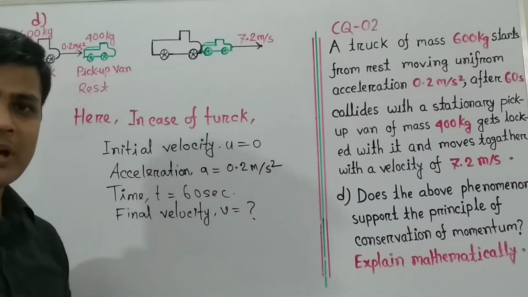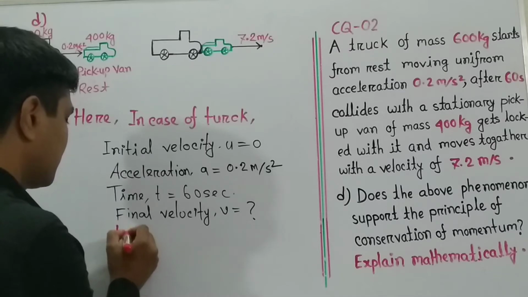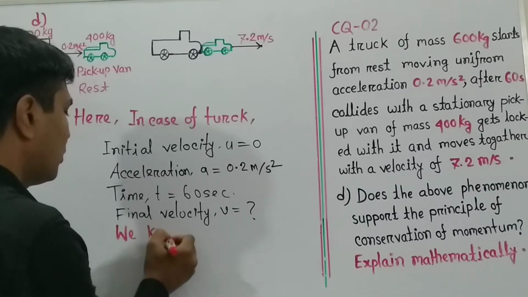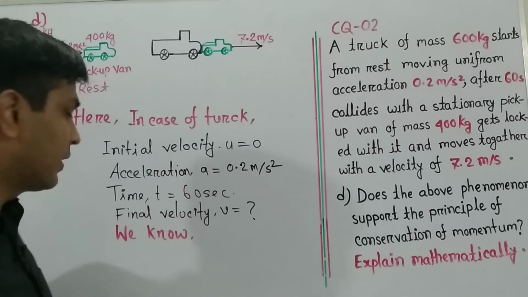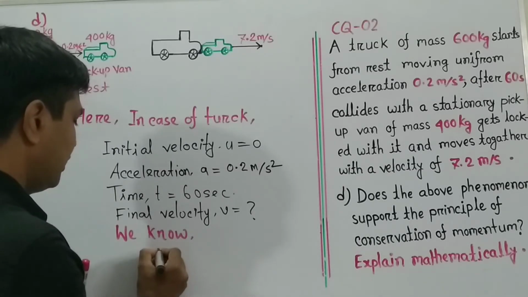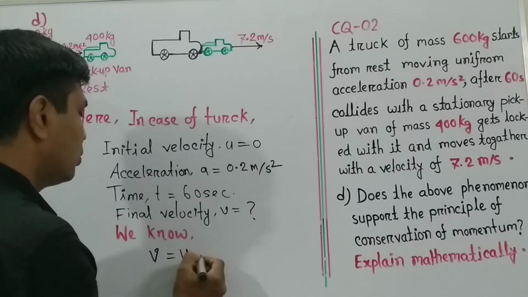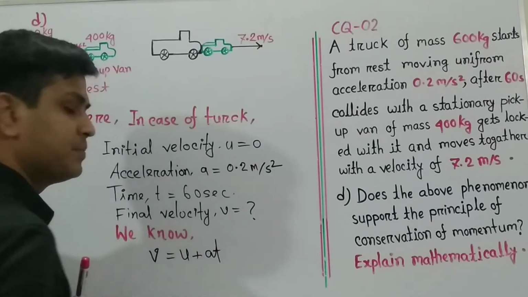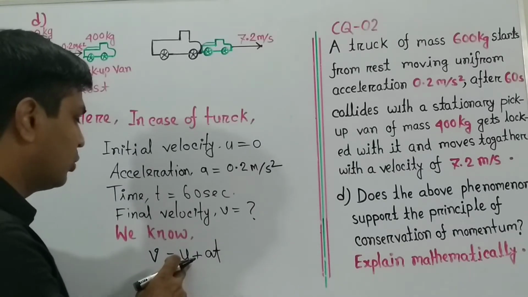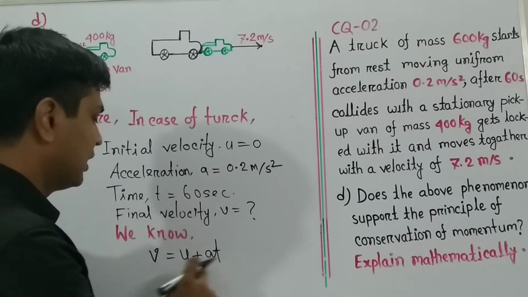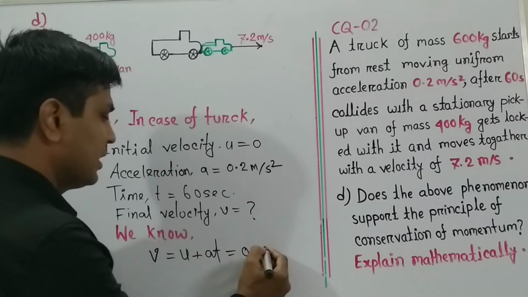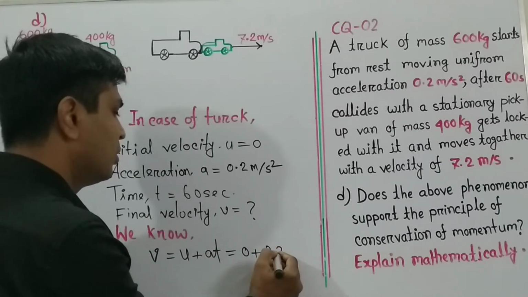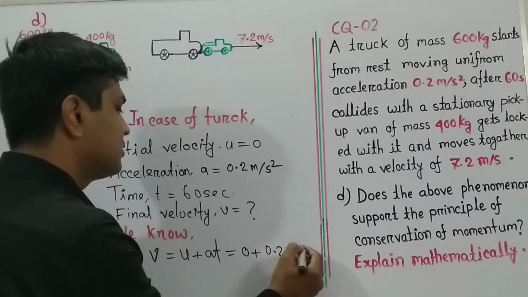So we know we have a formula to calculate the velocity, which is v equals to u plus at. And if you put all the values u, a and t in that equation, then we can write u is 0, a is 0.2 and time is 60.